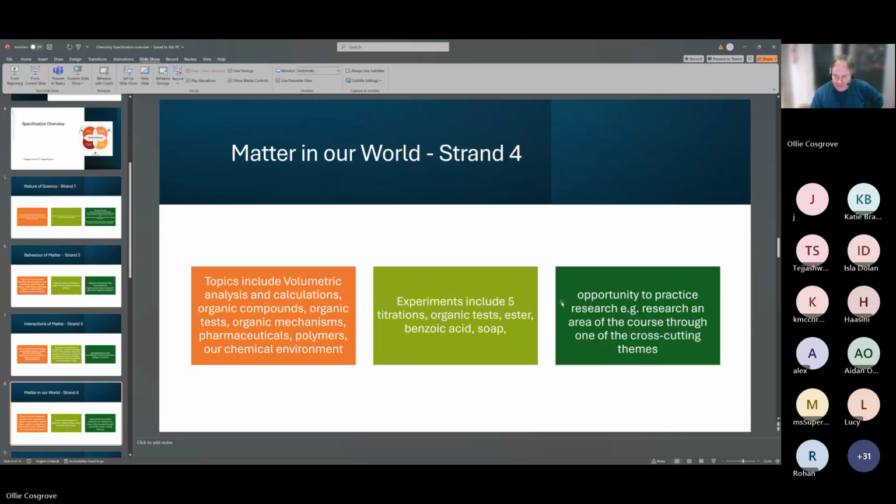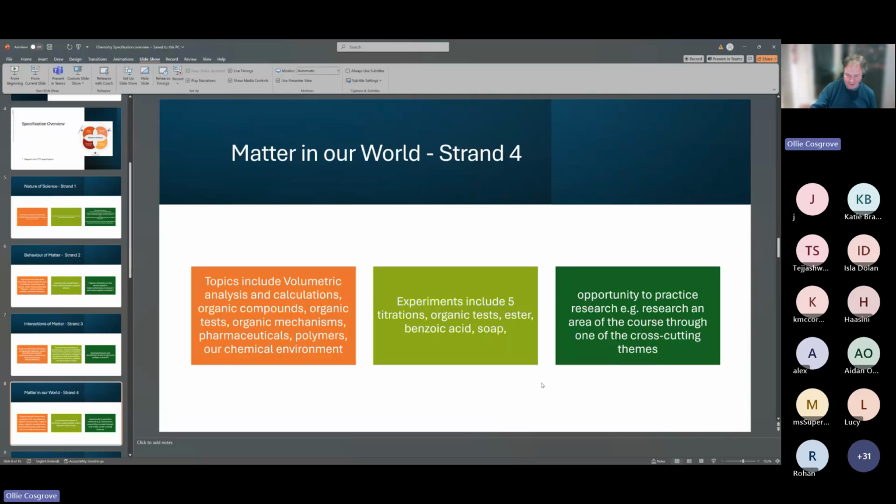There's an opportunity to practice research in the research investigations, and you'll know those because when you look at the specification, instead of EI, which is experiment investigation, you'll see RI, which is research investigation. So there's an opportunity to practice your research by looking at an area of the course through one of the cross-cutting themes that we mentioned earlier.